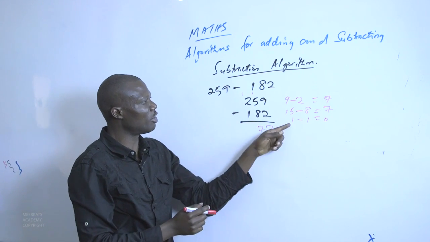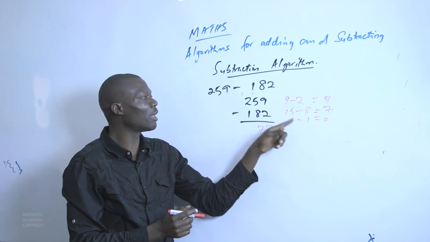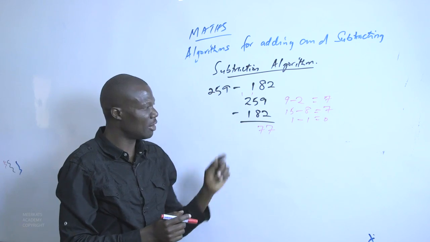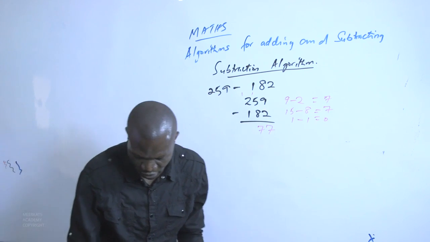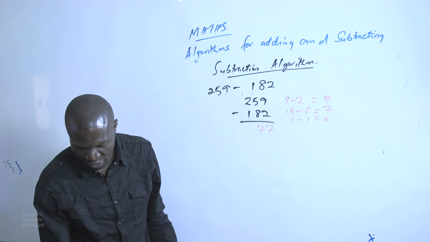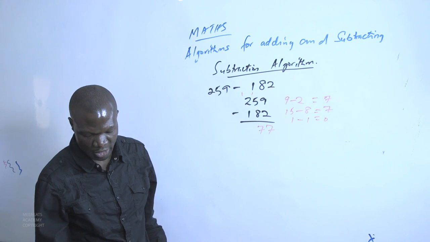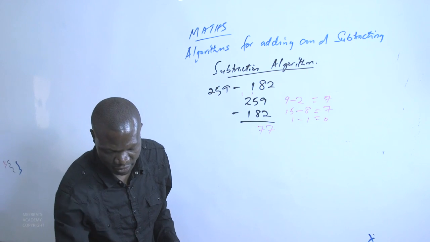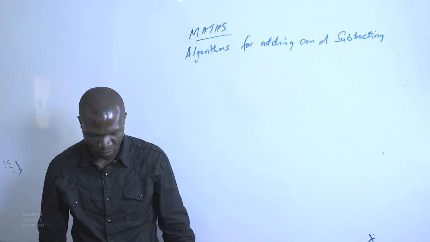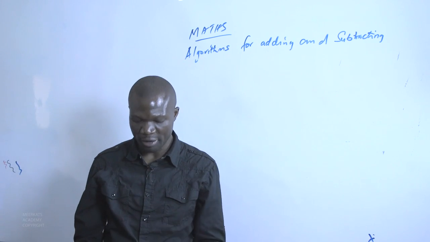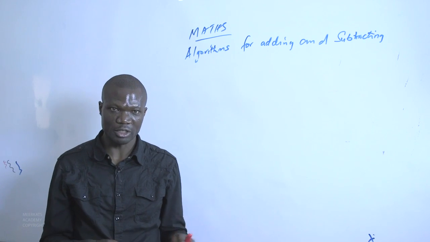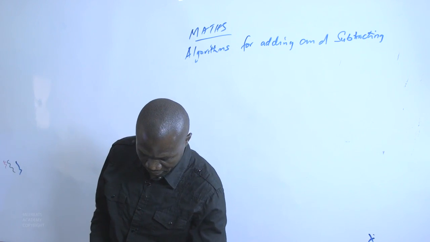And that's why we did not subtract here 2 minus 1, but instead we used 1 minus 1. These similar problems can be confirmed when you use calculators to check your answers. Now, let us look at the following problems, and we apply both the addition algorithm and subtraction algorithm.